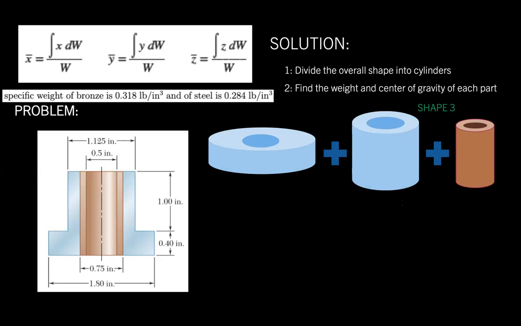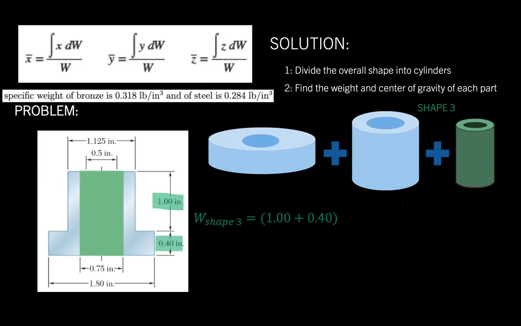Now we focus on shape 3. The weight of shape 3 is equal to the total height of that cylinder, 1 plus 0.4, multiplied by pi times 0.75 over 2 squared minus pi times 0.5 over 2 squared, and then times 0.318 pounds per inches cubed, which is the specific weight of bronze.